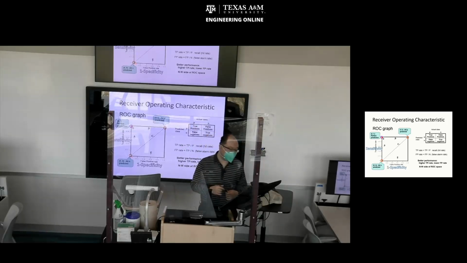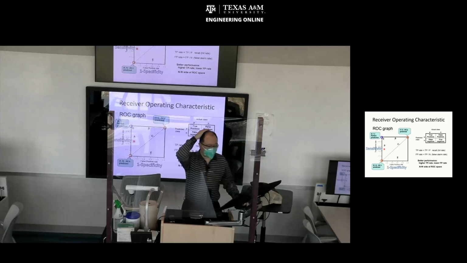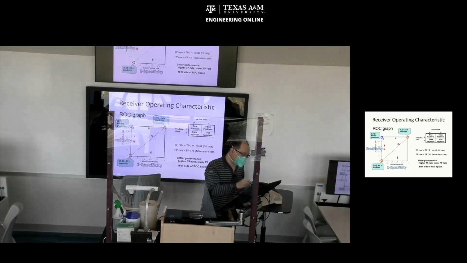So if you change the threshold of your classifier, you may end up having multiple points. For instance, you reach A and you reach B and you reach this point. In this case, we may never get this perfect point.